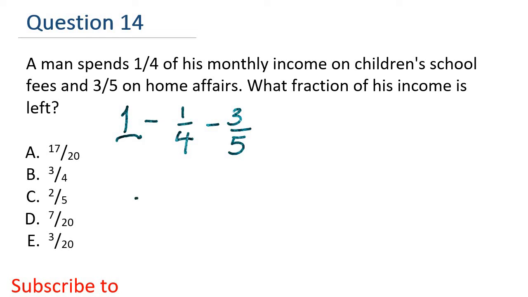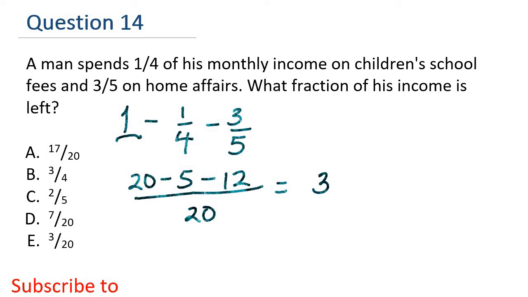So the LCM of 4 and 5 is 20. 1 into 20 is 20, minus 4 into 20 is 5, 5 times 1 is 5, minus 5 into 20 is 4, 4 times 3 is 12. 20 minus 5 is 15. 15 minus 12 is 3/20, which is the answer. So as easy as that. So the right answer is E.